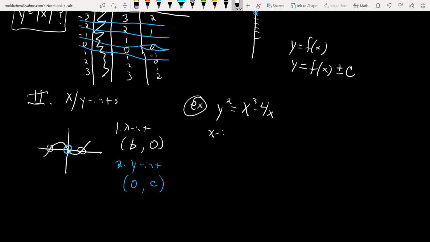So let's say the x-intercept, and for that you let y equal 0, right? So you plug y into this equation here, and you're going to get 0 squared is 0, equals x cubed minus 4x. Okay. And then you just solve that equation. So you factor it using all the methods I learned in previous classes.